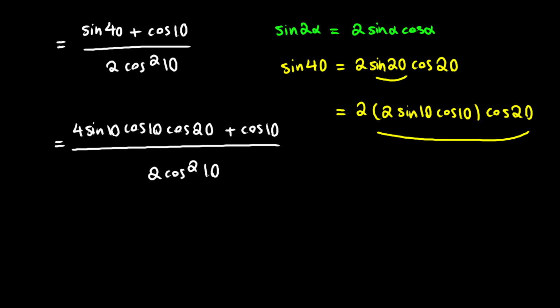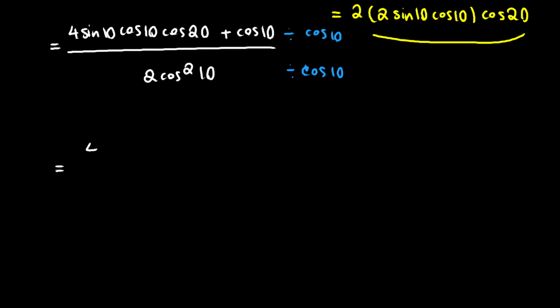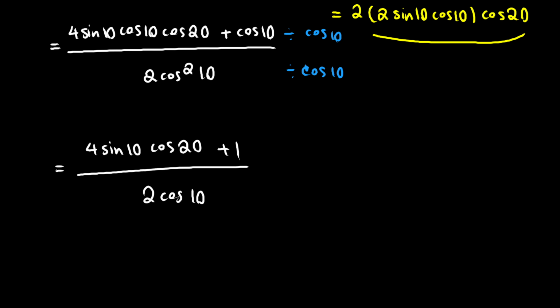Now, since both the top and the bottom of our fraction are divisible by cosine of 10, we can divide both the top and the bottom by cosine of 10. And we should have 4 times sine of 10 times cosine of 20 plus 1 divided by 2 times cosine of 10.